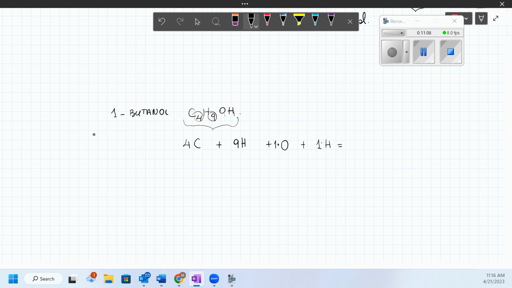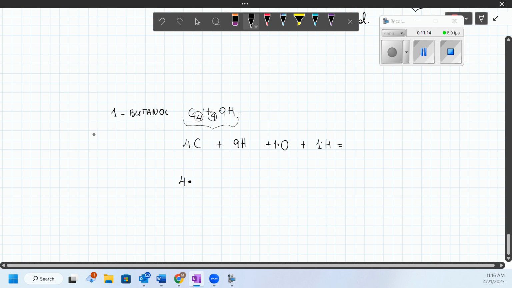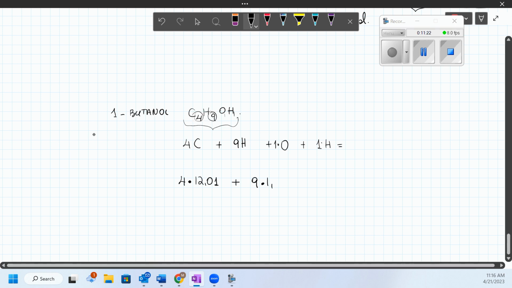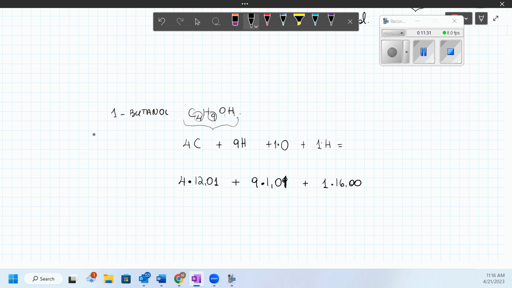So don't complicate your life. Then we have 4, that is the number of carbons, times 12.01 grams per mole, plus 9, that is the number of hydrogen, times 1.01, plus 1, that is the number of oxygen, times 16.00.